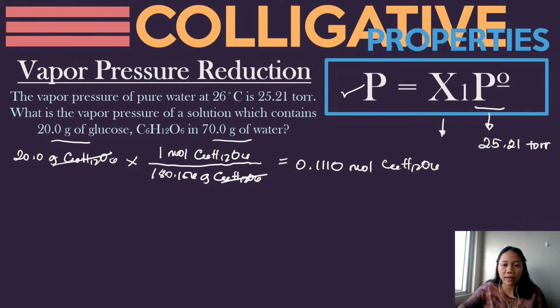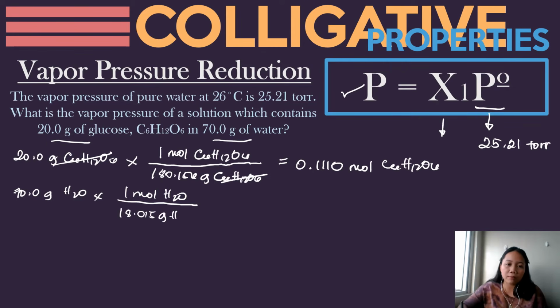Of course, that's not the final answer. It's still the mole of your C6H12O6. Let's find out the moles of your water, which is your solvent in this case. So you're given 70 grams of water. Multiply it with, in every 1 mole of water, find the molar mass of water, that's 18.015 grams of water.